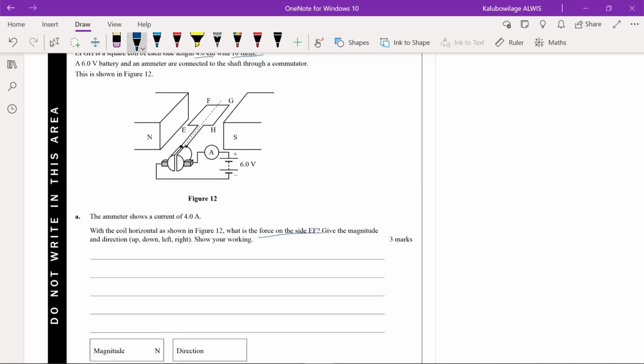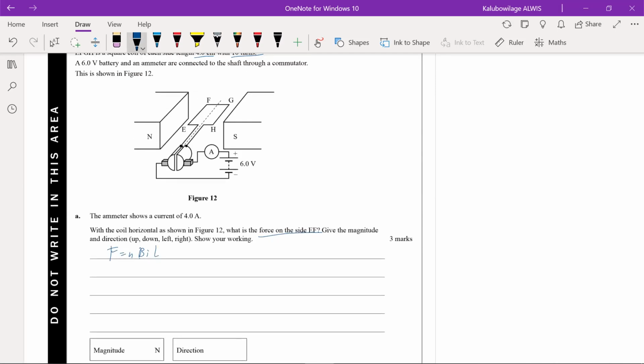Okay, so F equals NBIL. N is 10, the B field is 2 times 10 to the minus 3, the current is 4 amps.